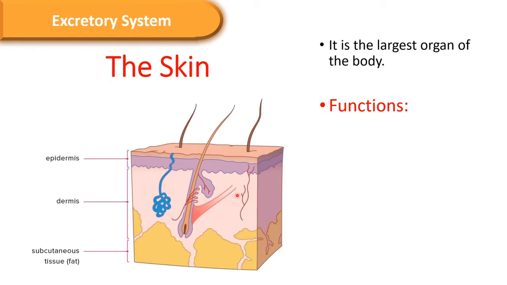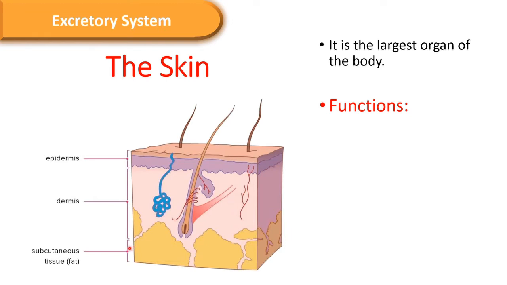Then we have your oil gland, which produces sebum, or oil, so that your skin and hair will be softer. That's why any time of the day when you touch your hair, sometimes it's a bit oily. That's because your skin has oil glands to make your oil or sebum.